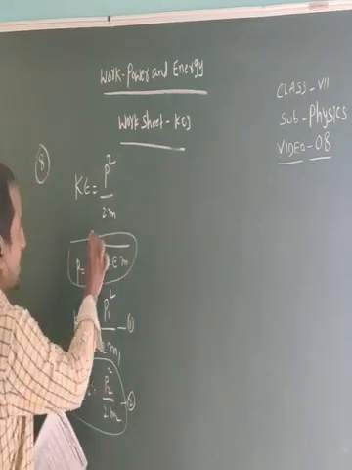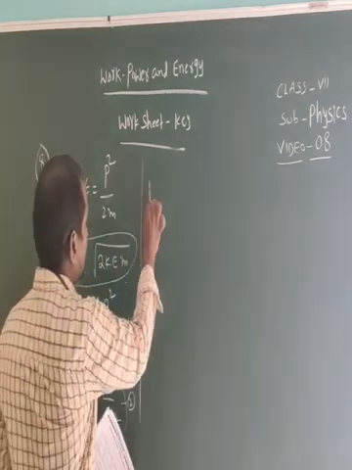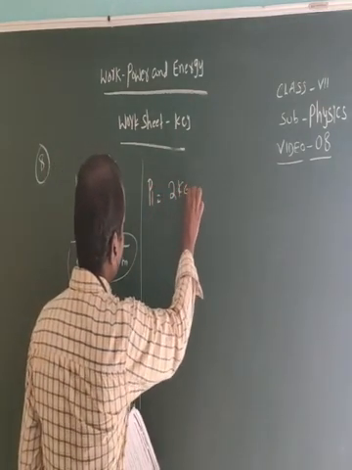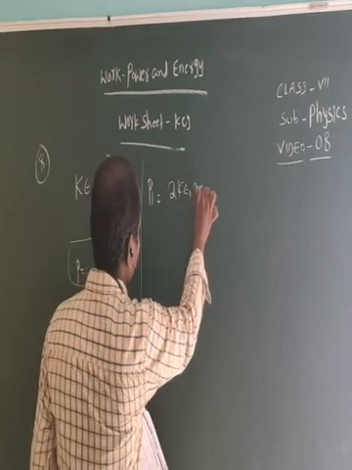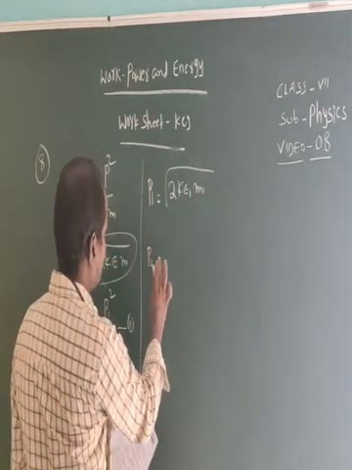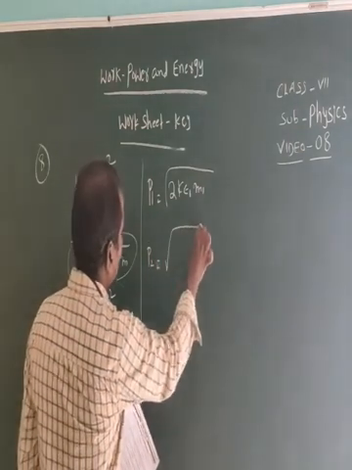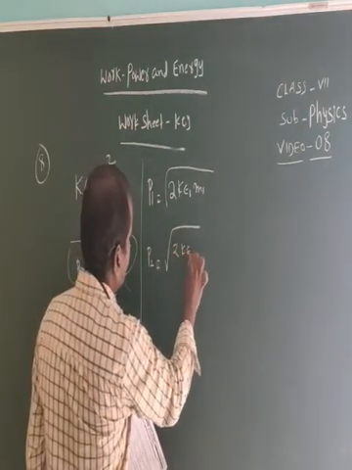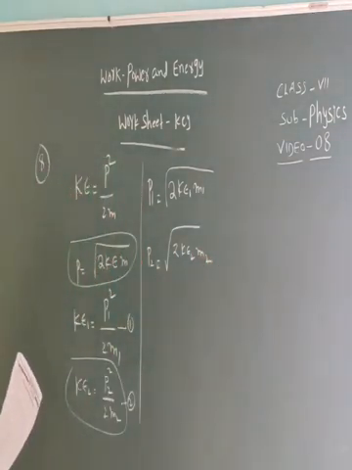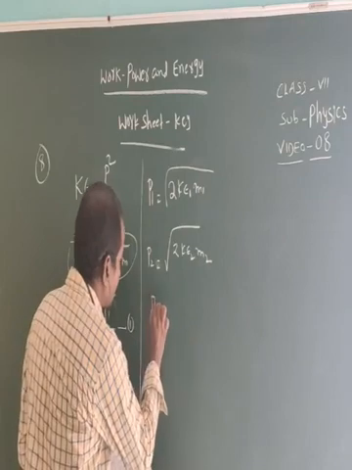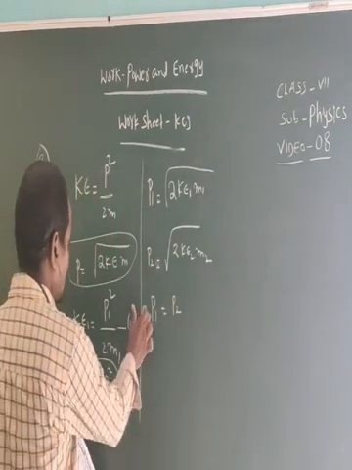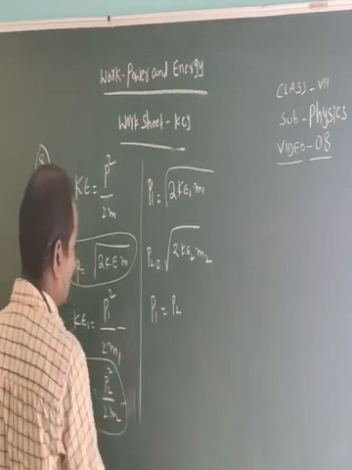From this we can write P1 equals root of 2K1 into M1. Next P2 equals root of 2K2 into M2. What is the given condition here? Momentum 1 and momentum 2 are equal.